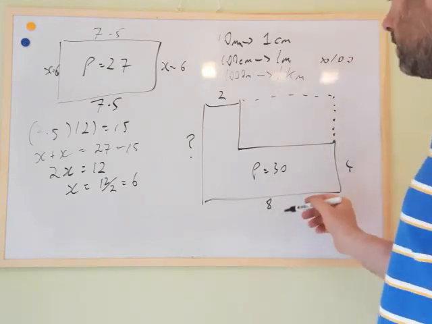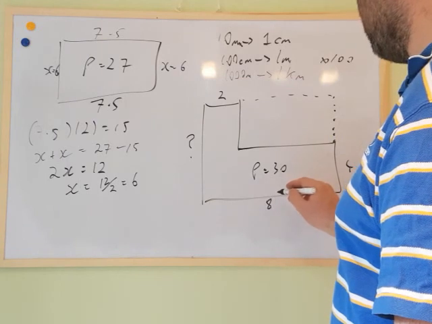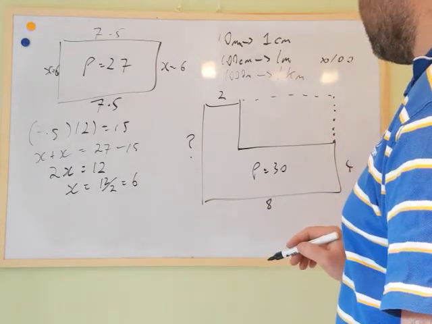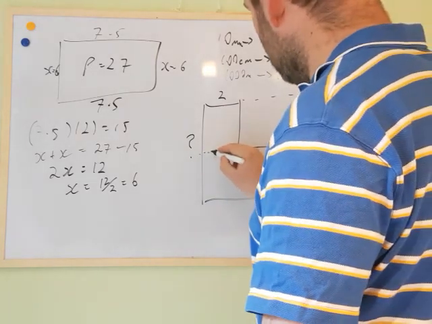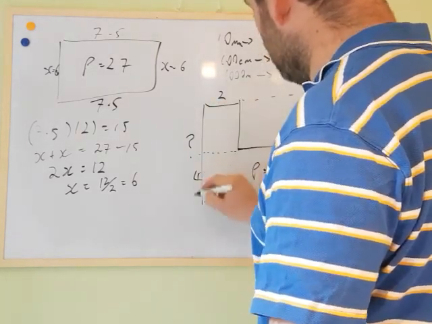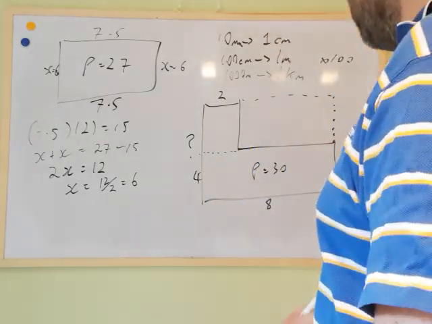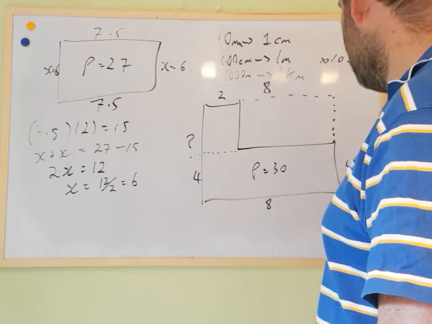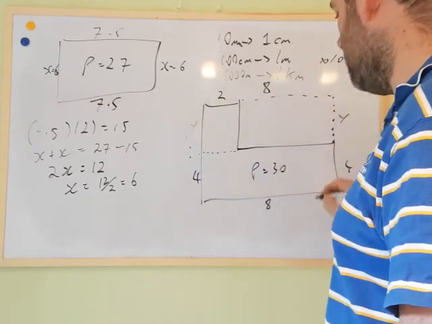Okay? So that would mean that, okay, so that is 8 and that is 8. Oh, and also, I know this much of this shape here is 4 because that is 4. Okay? So, I would have 8. We'll call this y, and we're going to call this bit y.